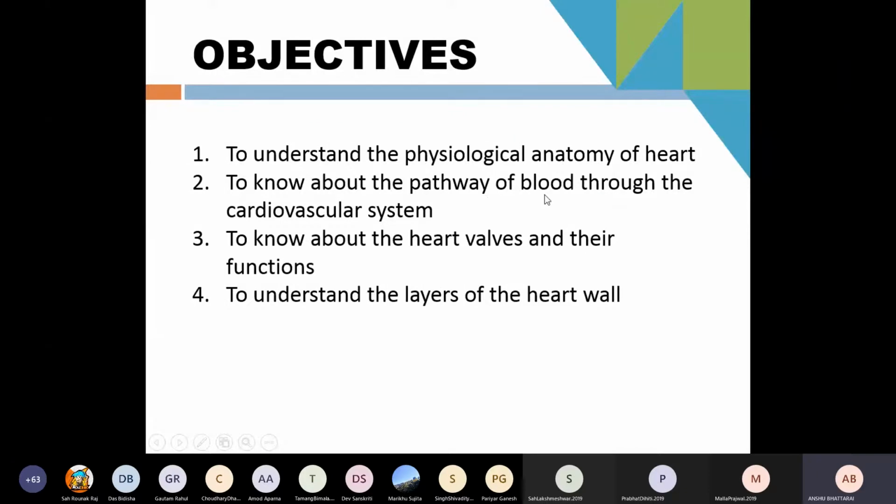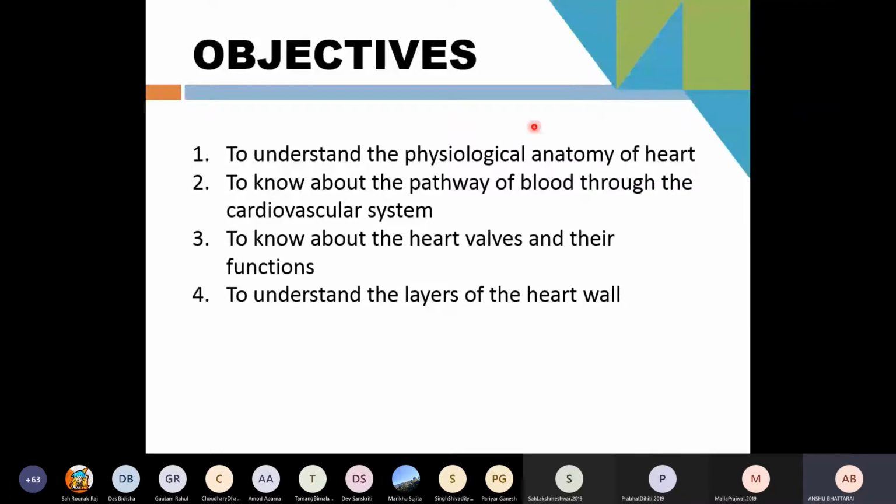This is extremely important. You should know how the blood circulates within the cardiovascular system. You should also know about the heart valves and their functions. They have some very important functions. And we should understand the layers and histology of the heart wall. So these are the things that you will have to pay attention to in today's class.